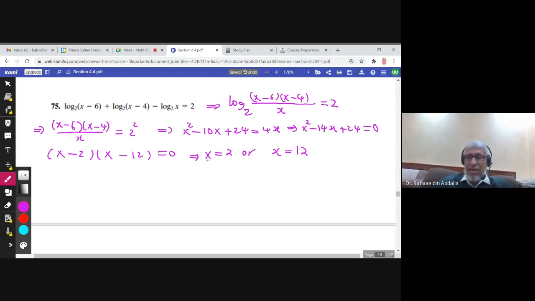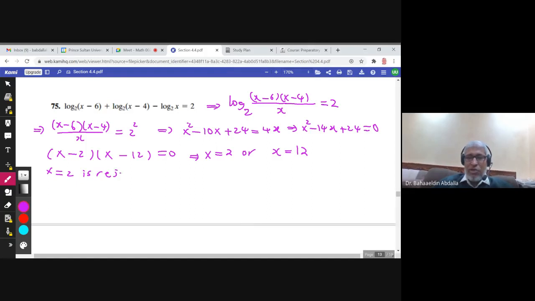Notice that x equals 2 is rejected. It is not accepted. Why? Because if you replace x here by 2, you will get 2 minus 6, that's negative 4, which is not defined. So x equals 2 is rejected.